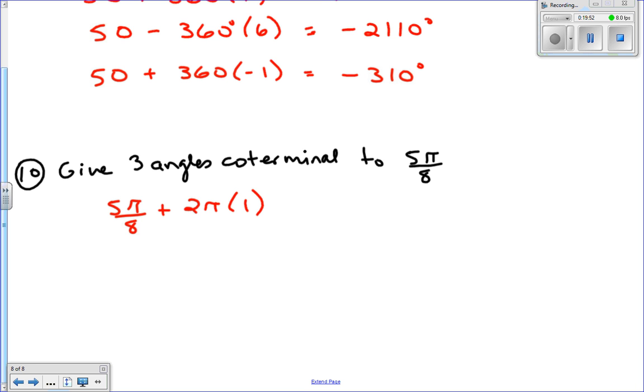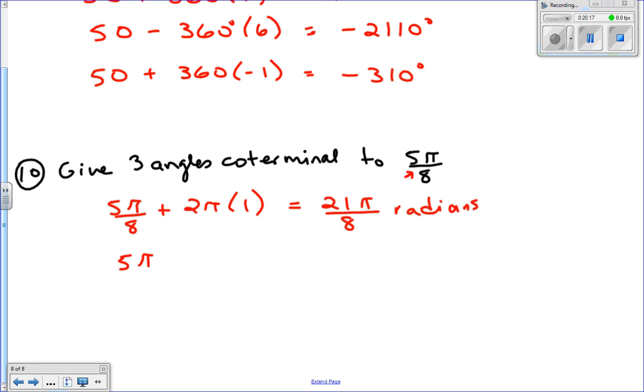Well, 1 pi will be 8 eighths, so 2 pi will be 16 eighths. So that will give me 16 eighths plus 5 eighths, 21 eighths pi radians. Okay, so 21 pi over 8 will land in the same spot. We'll have the same coterminal angle as 5 pi over 8.